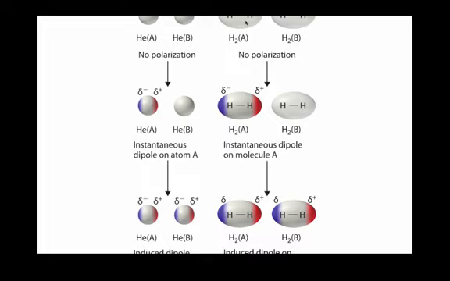So here's an example with hydrogen. Hydrogen is nonpolar. There's no net dipole. But in an instant in time, we can have a net negative on one side, a net positive on the other side. The instantaneous dipole induces a dipole on the next molecule. This is what can lead to intermolecular forces in nonpolar molecules.